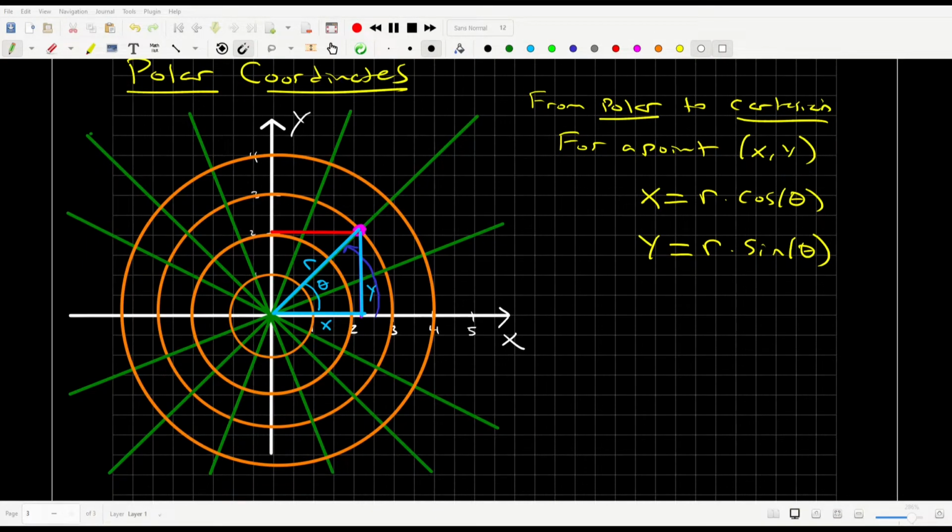So these equations give us the conversion from polar coordinates, or r comma theta, to Cartesian coordinates x comma y.